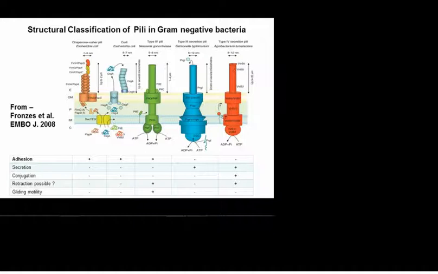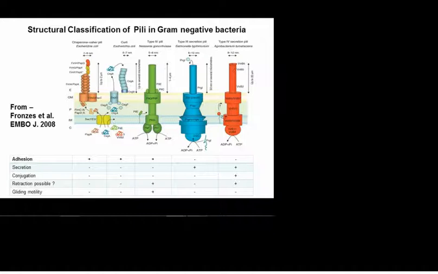Type 4 pili. Now, they're synthesized in a very different way because what is happening here is you have a more complicated structure that traverses both the internal and the outer membrane. And the subunits that make the filament are added onto the base plate here.